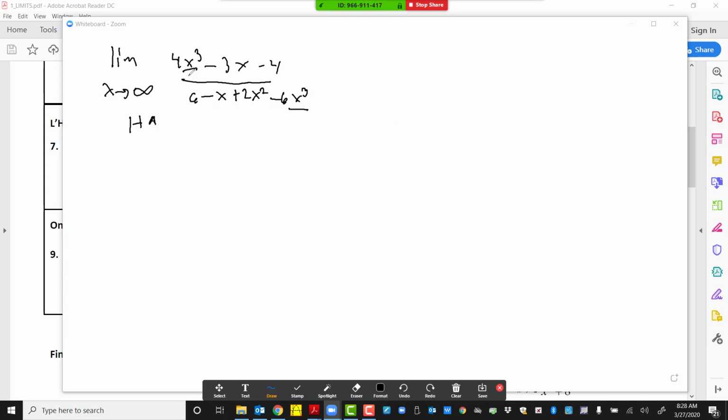So when we have a common power, we can divide the leading coefficients. So 4 divided by negative 6, sorry. Let me just not jump things, because I'm going to make mistakes that way.